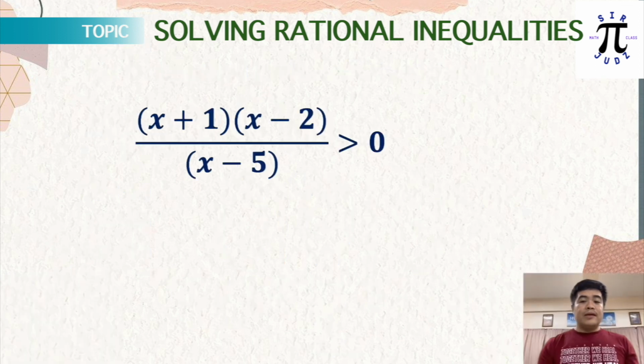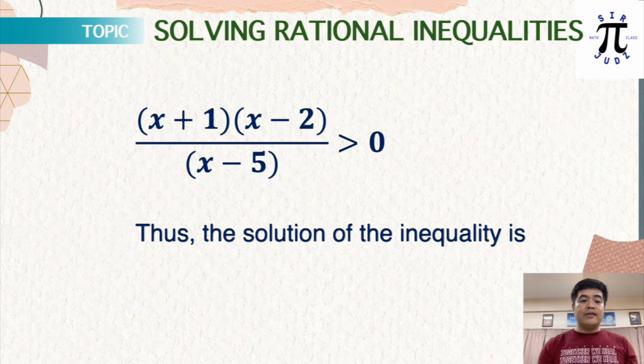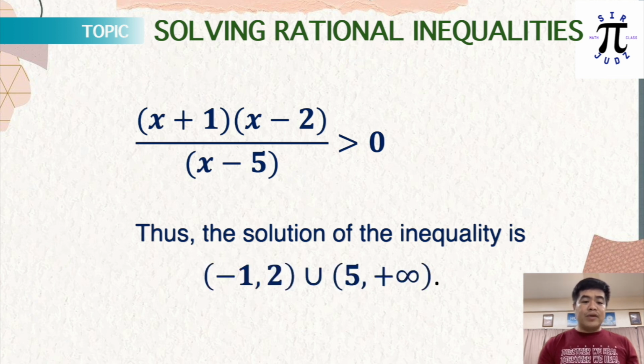Therefore, the solution of our inequality is the values in between negative 1 and 2, union 5 to positive infinity, excluded ang 5. So, parenthesis ang gagamitin natin kasi excluded sila. Okay? That's it.